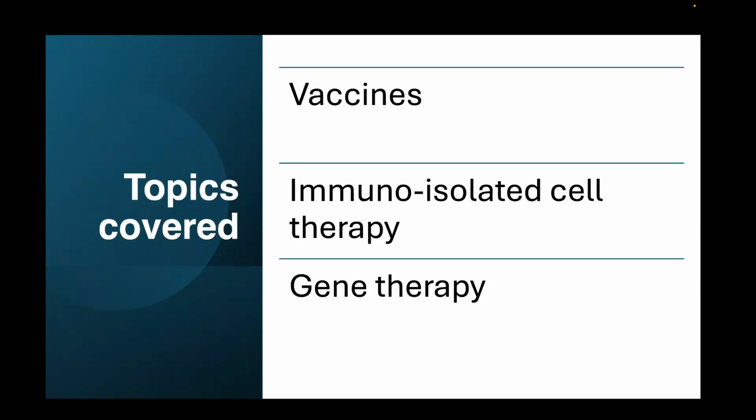Now, immuno-isolated cell therapy is basically transplantation of cells that secrete therapeutic proteins while being physically isolated or encapsulated from the host's immune system. The mechanism it follows is cells are encapsulated in a semi-permeable polymeric membrane.